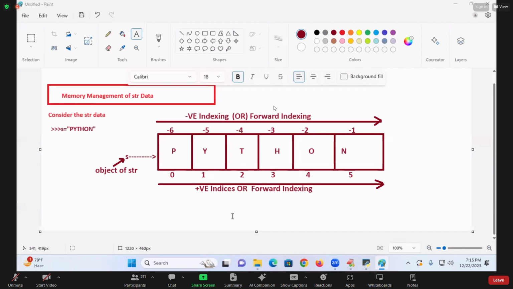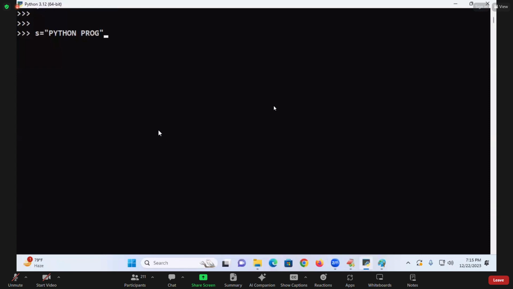Shall I start? Good. Now I will say one more time. Of course, maybe having some doubts for other students also. Suppose this is a Python PROG. What is the length of S? Total number of characters. Starting index from where? 0.